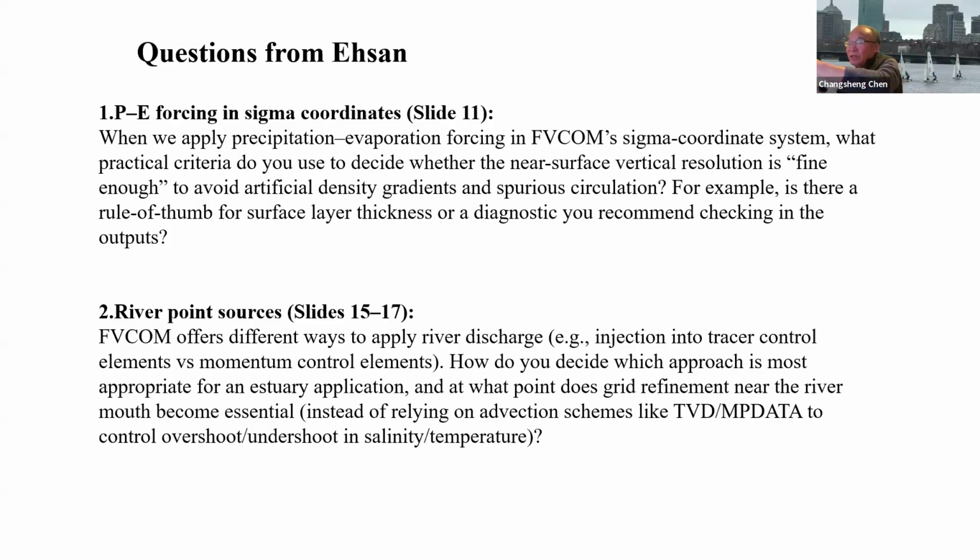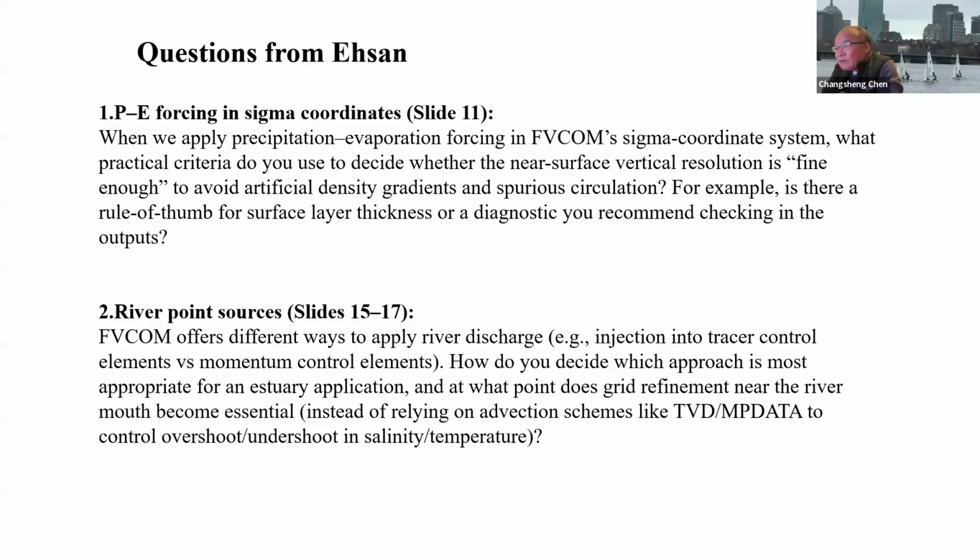If you put the fresh water in this node, for example, the resolution around this side, at least 2 or 3 cells, should be high. If your resolution is too coarse, you can cause an overshooting issue. If you have a refined grid nearby the river mouth, near the river source where you put a freshwater source inside, you can reduce the overshooting and make the model behave more stably.